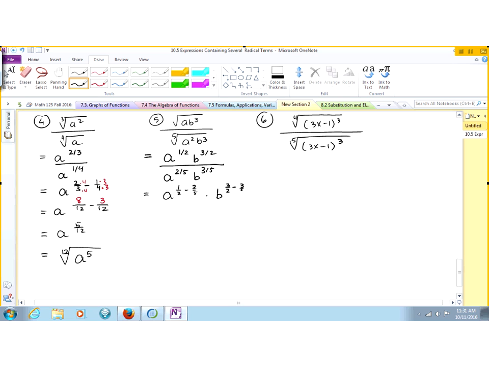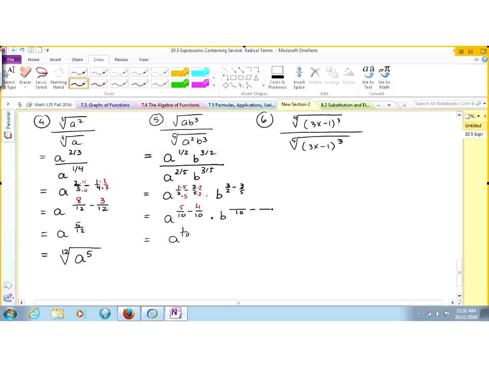And b is b raised to the 3 over 2 minus 3 over 5. Then what? LCD, which is 10. So this is 2, this is 10. Multiply by 5. And then this is 5, this is 10. Multiply by 4. So this is a to the 1/10, right?